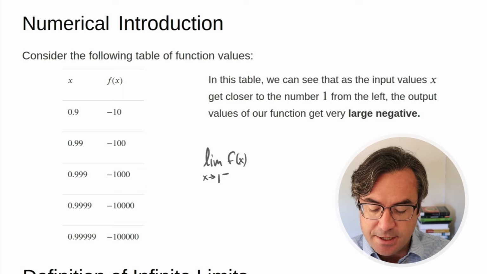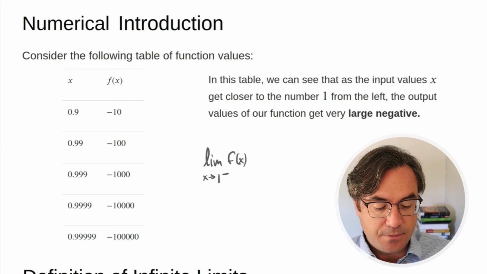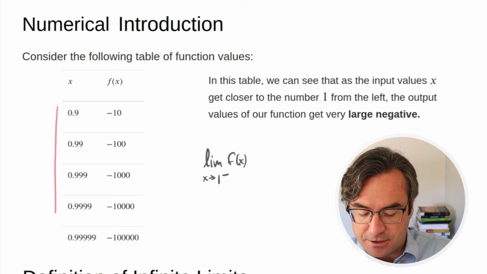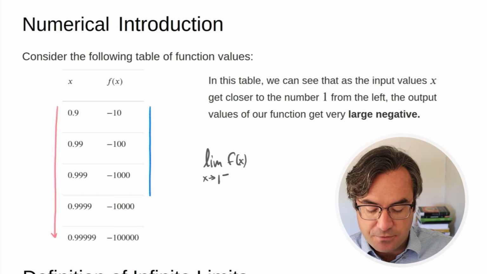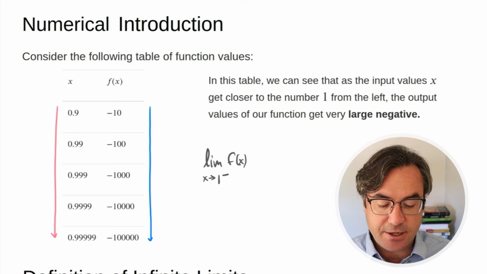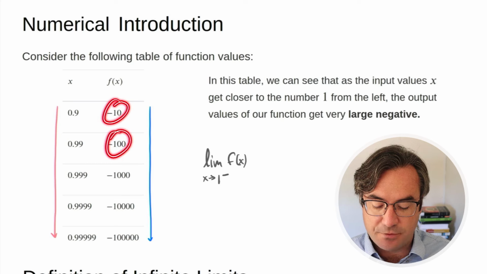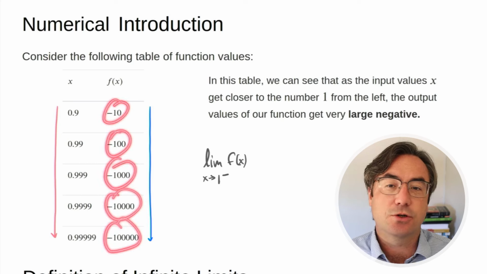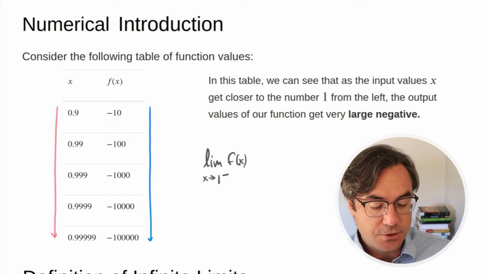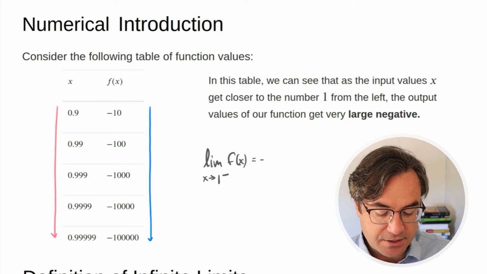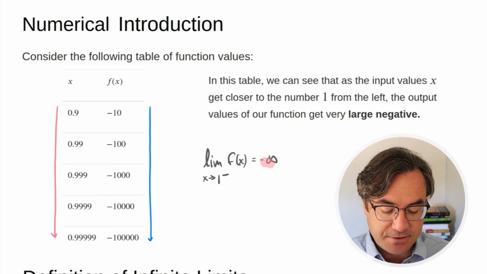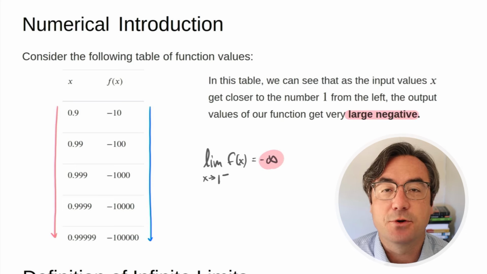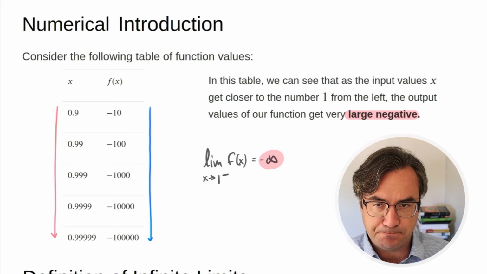As these input values get closer and closer to the number 1, we look at the output values, and we see that the corresponding output values are getting larger and larger negative. So in this case, we would say that this left-hand limit is minus infinity, because the outputs are getting large negative.